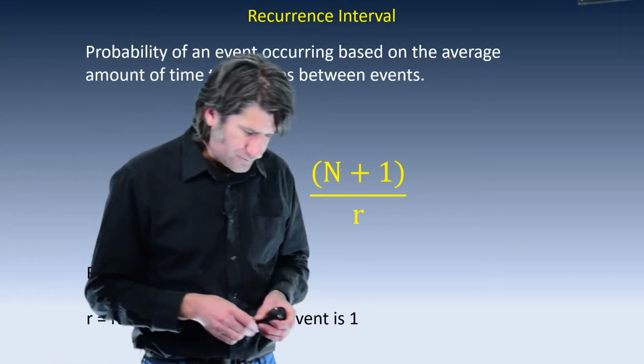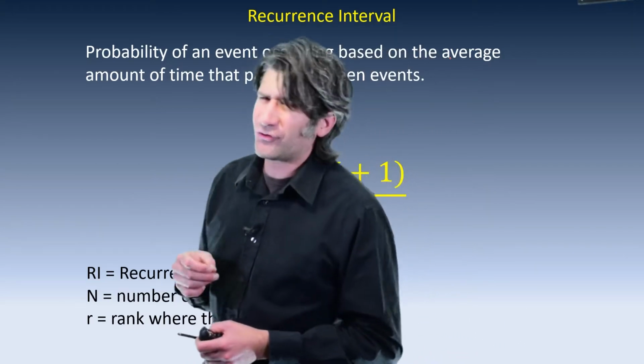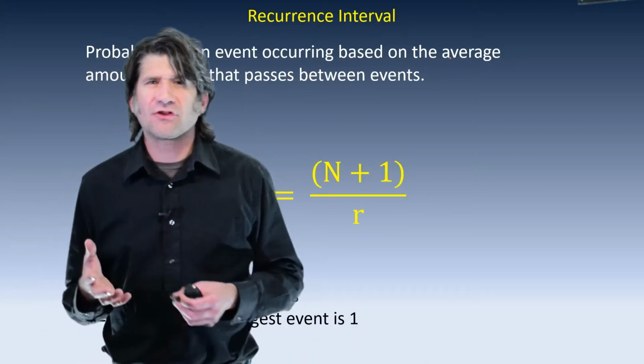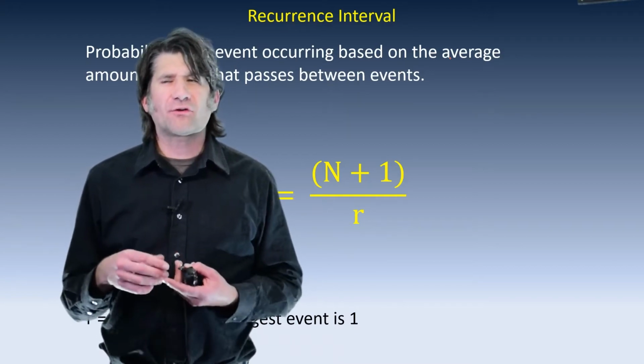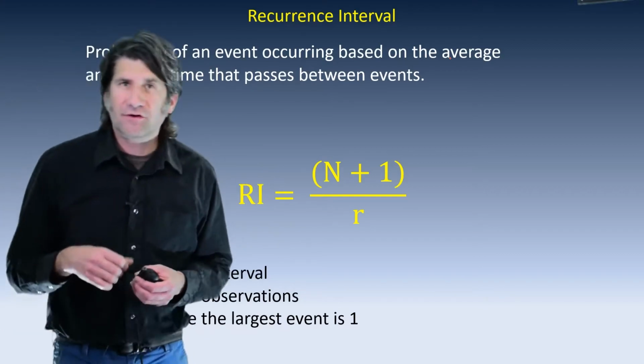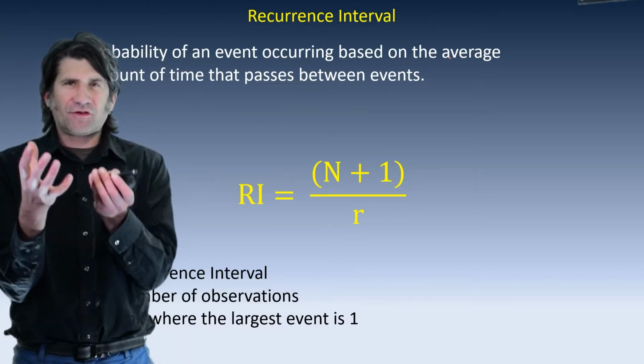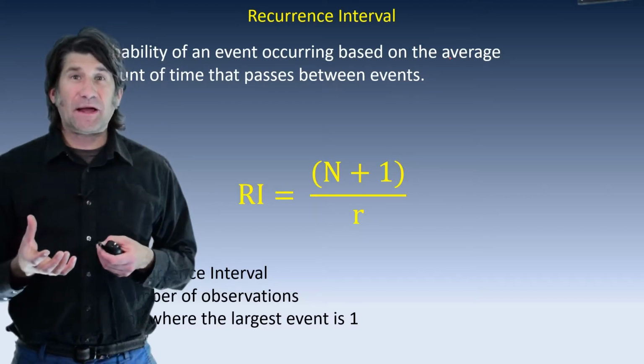Okay, so a very important term we need to introduce when talking about hydrologic events, whether it's flooding or rainfall, is what's called a recurrence interval. And a recurrence interval is essentially the probability of an event of a certain size happening in a specified amount of time.